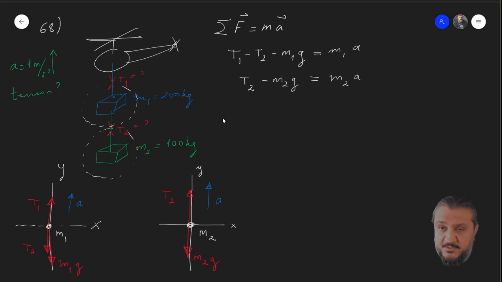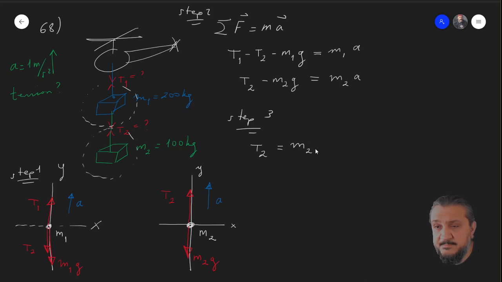So this is our third step now. Step 3. This was step 2. And the first step was the free body diagrams. Solve the second equation for T2 by adding M2G to both sides.